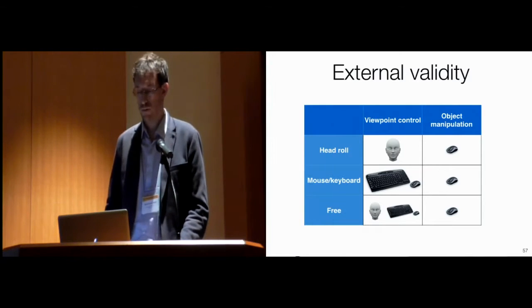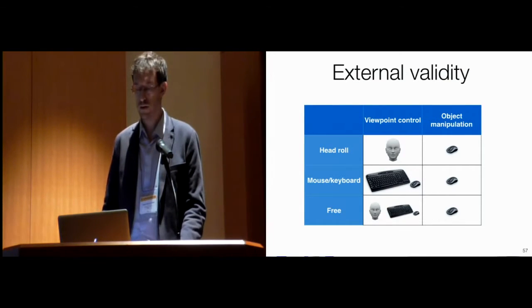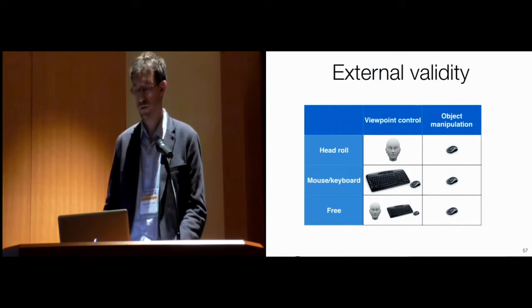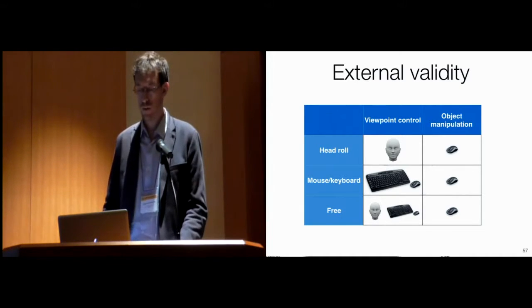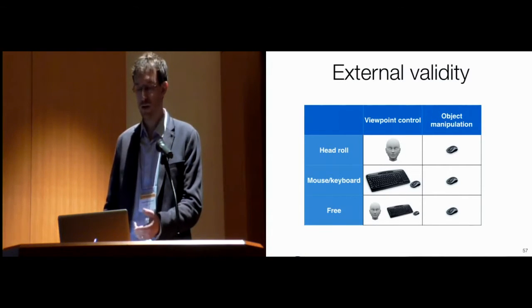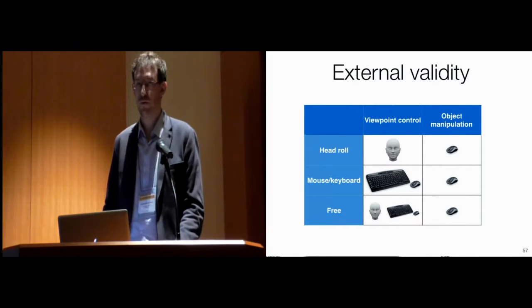For the roll technique, the viewpoint control would be done with the head, and for all these techniques, the object manipulation would be done by dragging the axis of the object using the mouse. And in the post-experiment, we had the user choose between using the head or the mouse and keyboard, so they could pick their preferred technique.